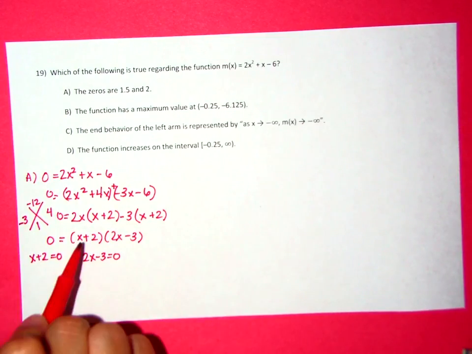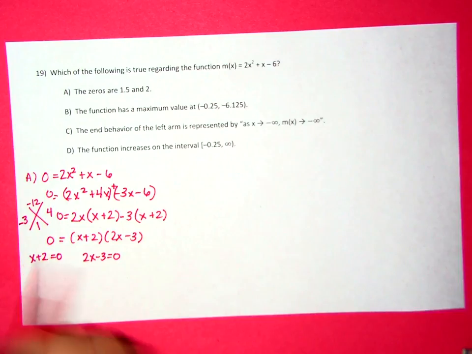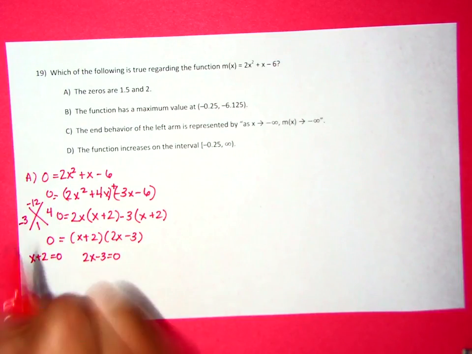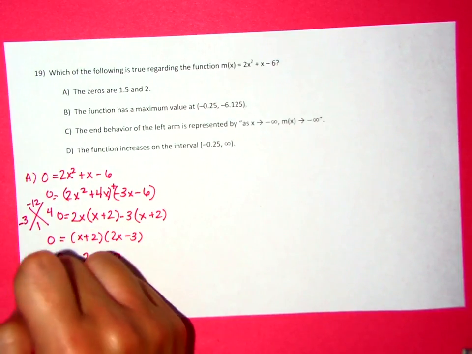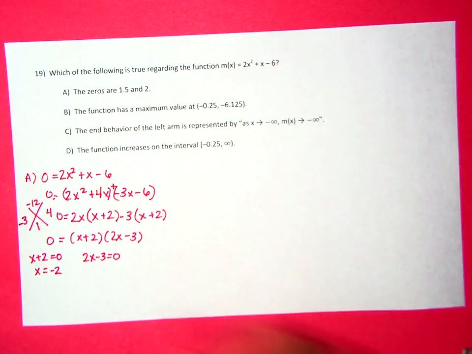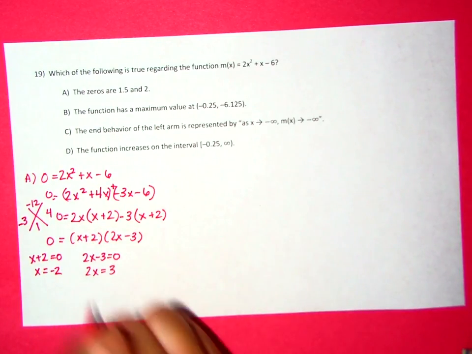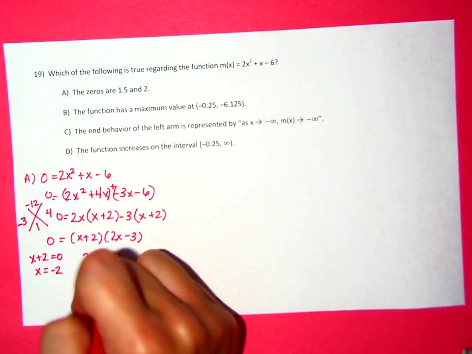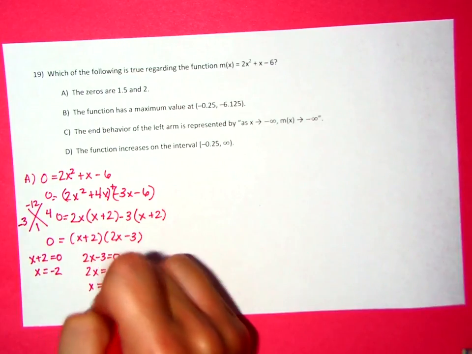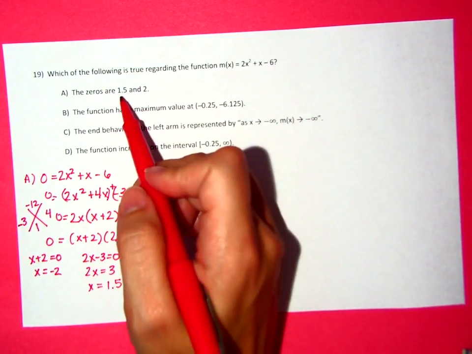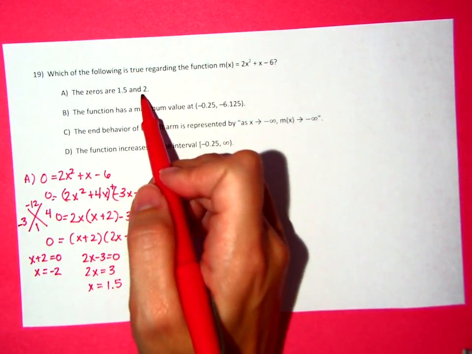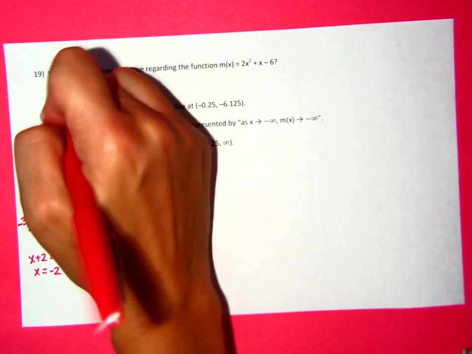Using the zero product property, we take each of the parentheses, set them equal to 0, and solve for x. If I subtract 2 from both sides, I get that x is negative 2. If I add 3 to both sides, I get that 2x equals positive 3. And then if I divide both sides by 2, that gives me 3 halves, or 1.5. 1.5 matches here, but this actually says 2, not negative 2. So that answer choice is out.